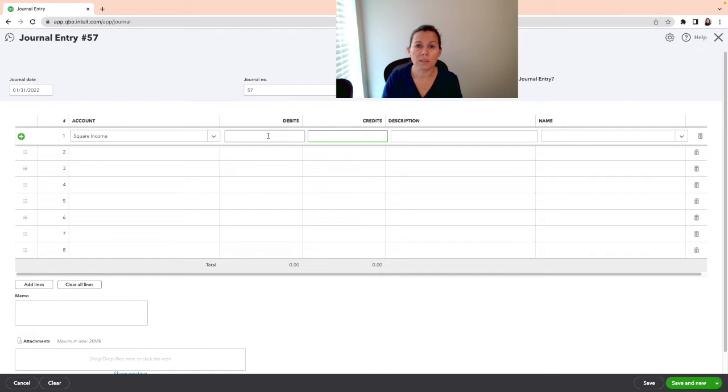The numbers that Square is giving you include those sales, but those sales are being paid directly from the third-party app, and it does not include the third-party app fees. So that creates a discrepancy in QuickBooks.